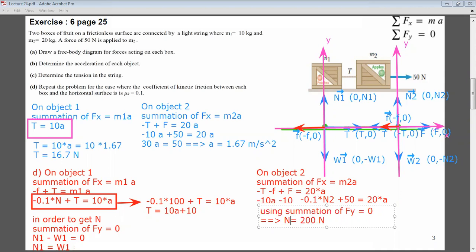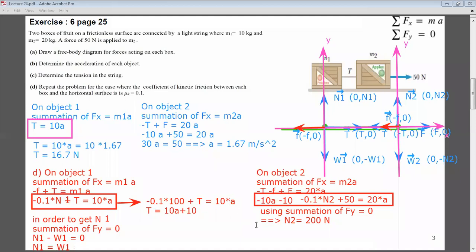This is N2, by the way. Okay, so this is N1 here. Okay, so now I plug it in this equation.